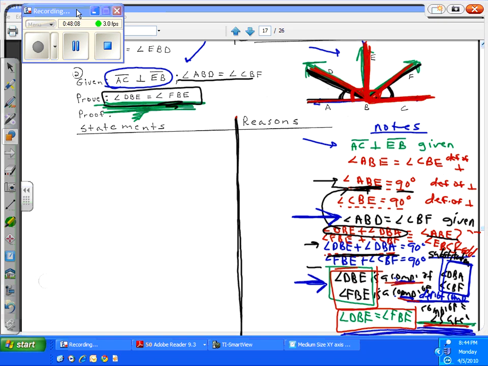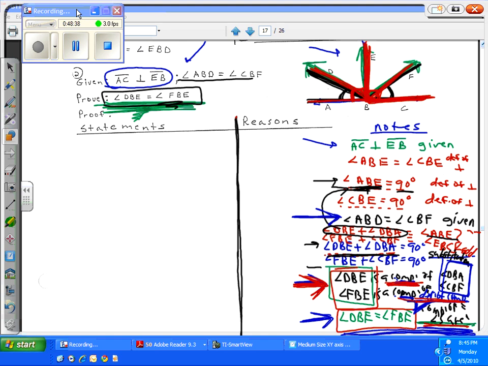So to say complements of equal angles are equal, I need it given that the two angles are complements of angles that are equal. That means I need this statement. I need something saying they're complements of the two angles that we're saying are equal. And then I can say that they themselves are equal with the reason complements of equal angles are equal. And so that final reason is justified.